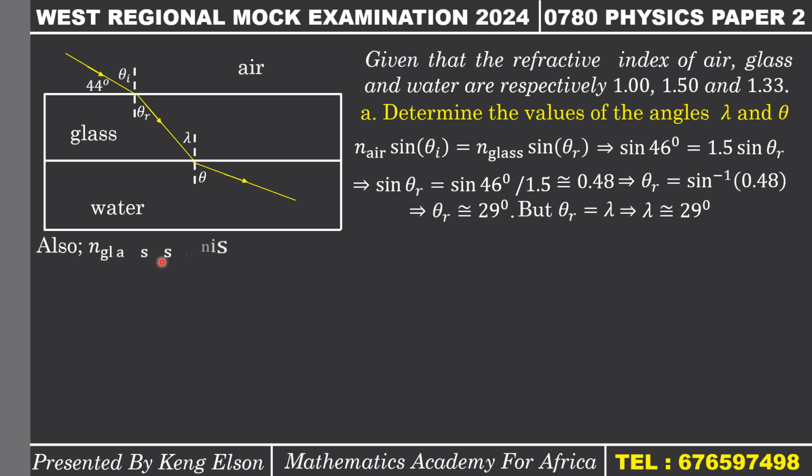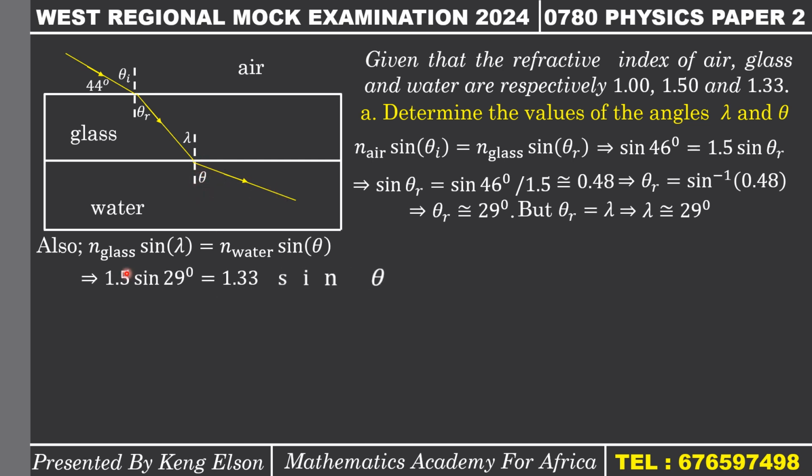Okay, so applying Snell's law, we have that the refractive index of glass times the sine of the angle of incidence, this angle of incidence is basically lambda, alright, is equal to the refractive index of water times the sine of the angle of refraction, which is theta, the angle that the refracted ray makes with the normal.